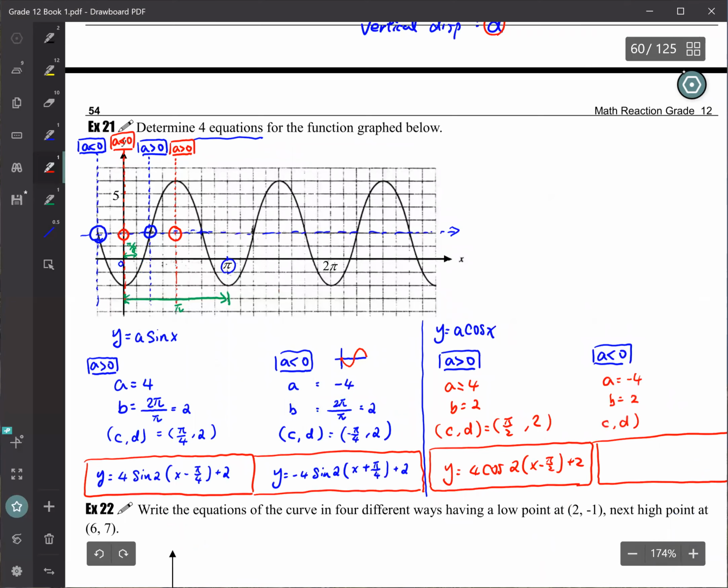Where is cd now? William? 0 and 2. Yeah, so this time will be 0, 2. It did not have any phase shift. So it will be y equal to -4 cosine 2x, right? I don't need to write c because it's 0, right? So you just write 2x and then plus 2.